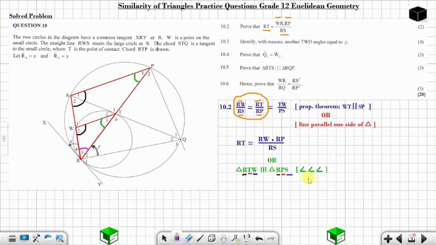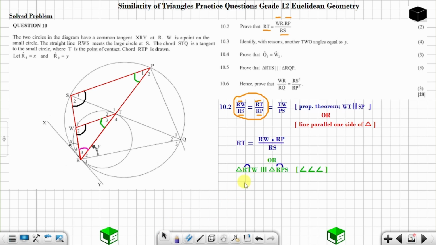Now let's write the proportionality equation. You are going to use first and second letter in this triangle over first and second letter in another triangle.